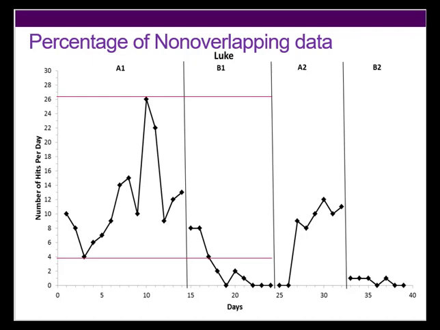We get a PND of 70. This falls within the range of 50 to 70, which is considered questionable or minimal effectiveness.